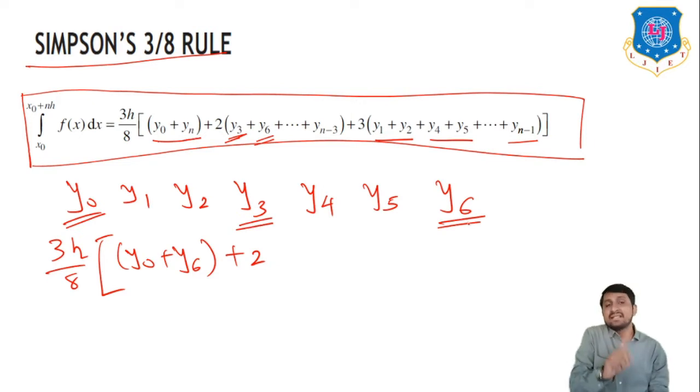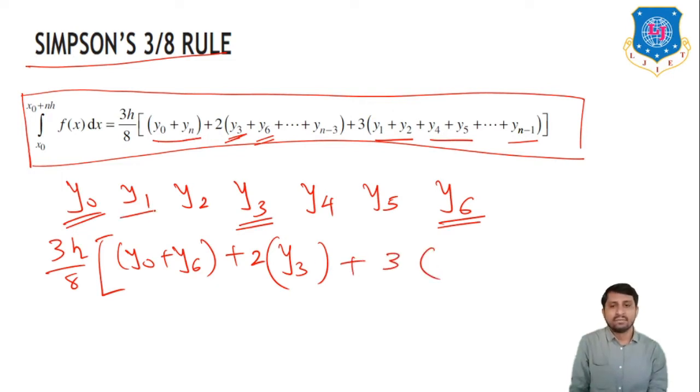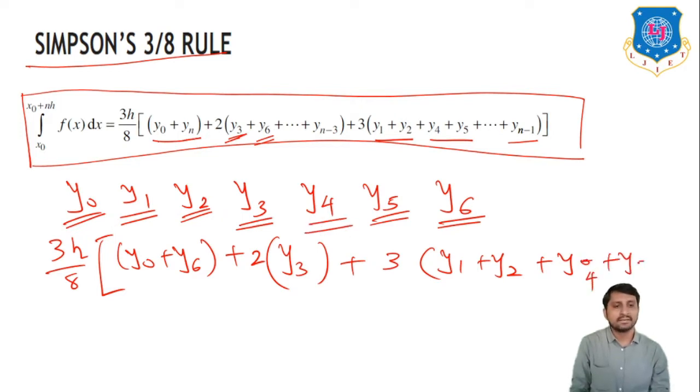But y6 we already used one time, so here you have to use only y3: 2 into only y3. You cannot take y6 because it is already used. And plus 3 into the remaining entries y1, y2, y4 and y5. Clear? You have to use this formula.